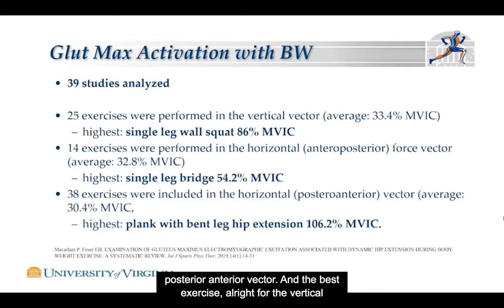The best exercise for the vertical vector was a single leg wall squat, which had 86% of MVIC for your glute max. The highest for the anterior posterior vector was the single leg squat or single leg bridge at 54% of MVIC. And for the posterior anterior, I looked at a plank with a bent leg hip extension at 106% of MVIC.